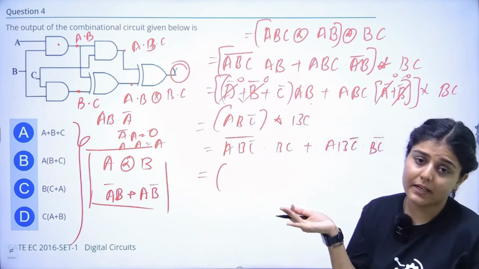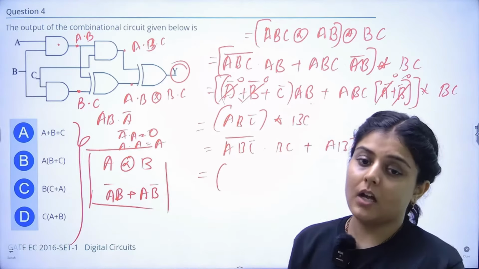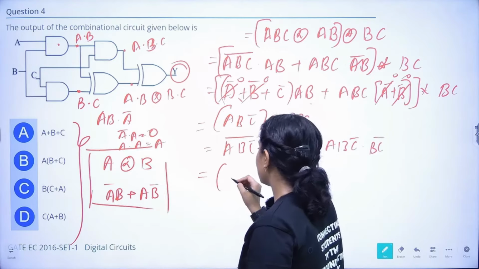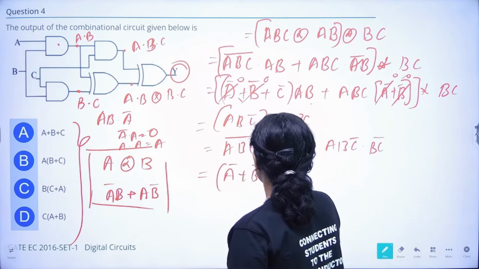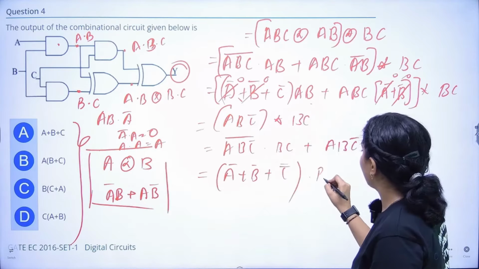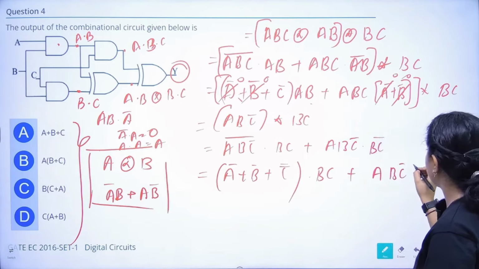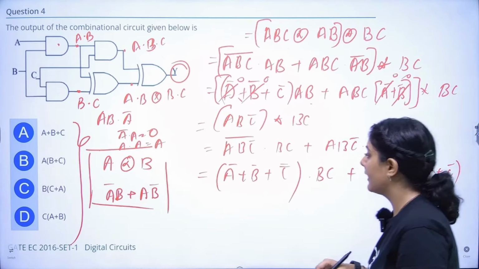We cannot multiply anything or do any AND operation using this whole bar symbol, so we'll open them into single terms: A bar plus B bar plus C bar bar, which will convert into C only. Plus AB C bar, and similarly B bar plus C bar.